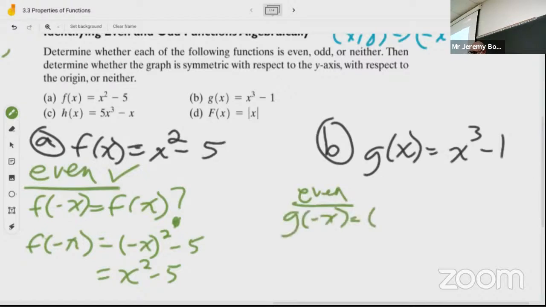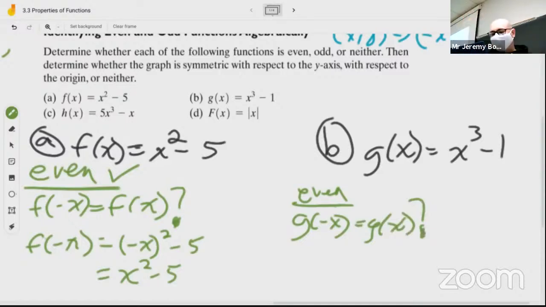Well, let's write out what we're doing. I don't want to go too fast yet. So we're trying to see if g of negative x is equal to g of x, right? That's what we're trying to see.